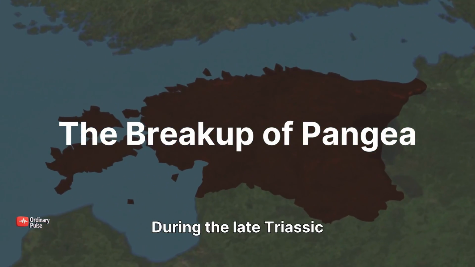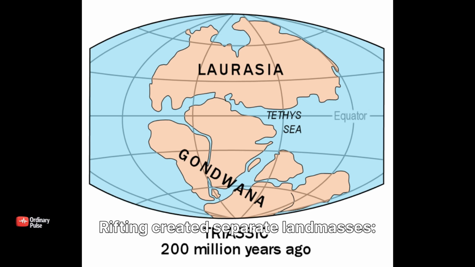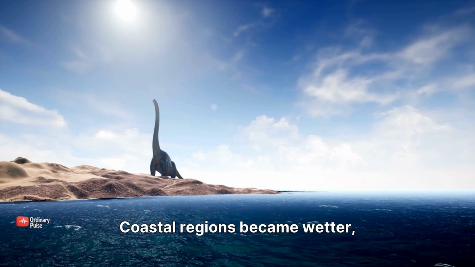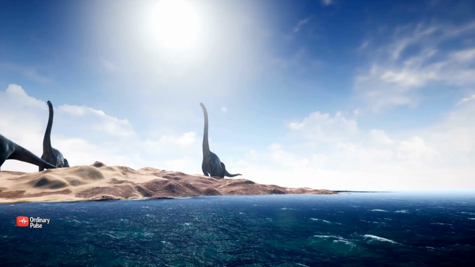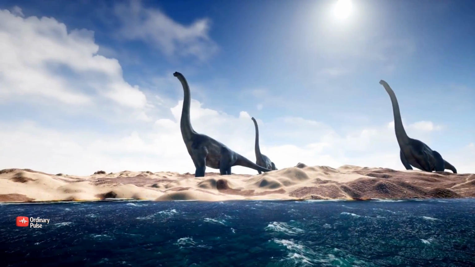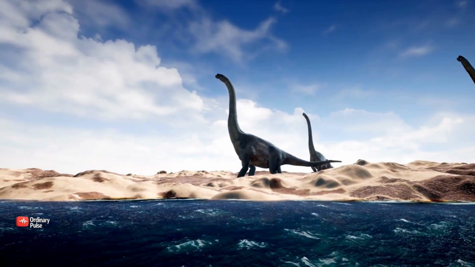The breakup of Pangaea. During the late Triassic and into the Jurassic period, tectonic forces began to fracture Pangaea. Rifting created separate land masses, Laurasia in the north and Gondwana in the south. This breakup affected ocean currents, climate patterns, and species distribution. Coastal regions became wetter, deserts shrank, and new shallow seas formed, creating abundant marine habitats.